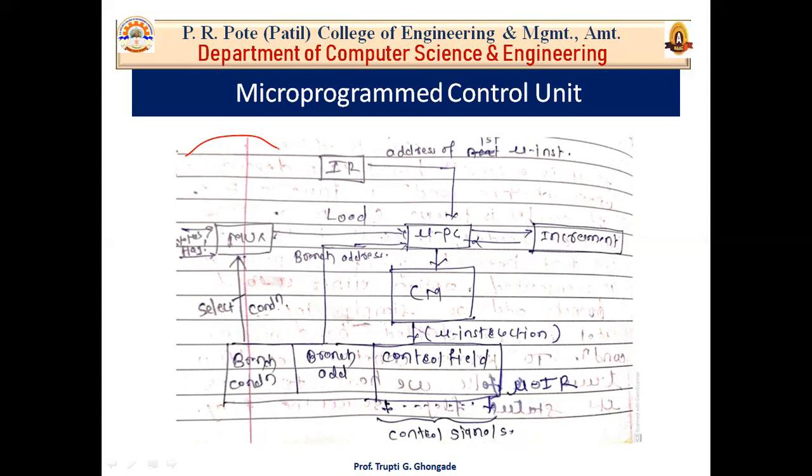Now we know what a program is: a program is a set of instructions. An instruction requires a series of small operations called micro operations. Let's say a program is a set of instructions, and these are the number of instructions.